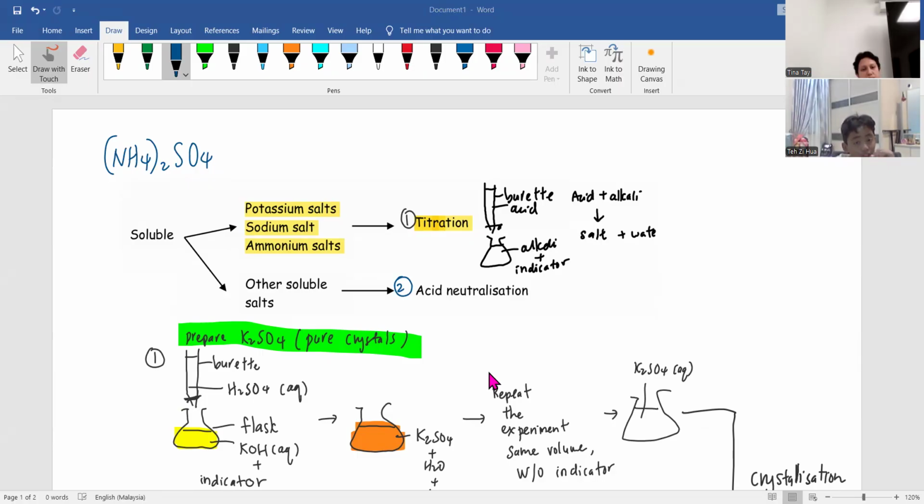Ammonium sulfate. Titration. If I want to make zinc sulfate, acid neutralization. Yes. So zinc sulfate would be method 2.